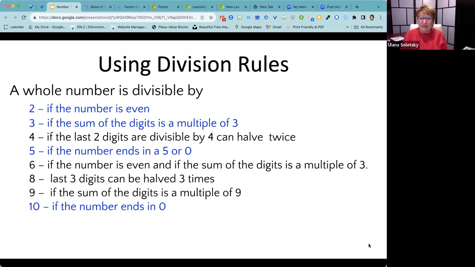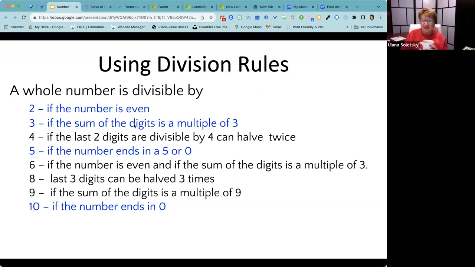Kids would find this if they look at the pattern, and you want to ask yourself, will 2 go into this number, especially when we're doing those factor rainbows? Does 2 go into that number? How do you know? What do you notice? Well, if that number is even, 2 will go into it without a remainder.